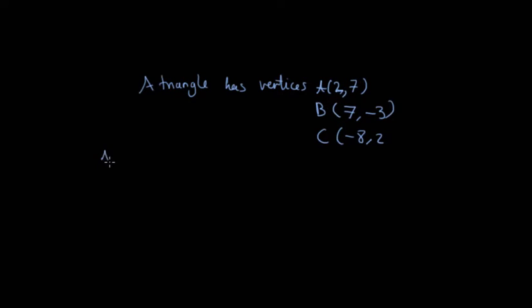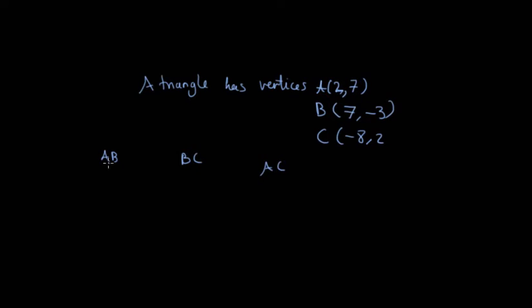We want to find the lengths of AB, BC, and AC, and we're going to give the answers as exact square roots, so we're not going to evaluate the square roots.